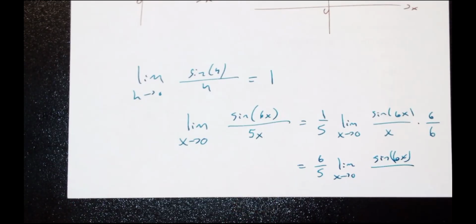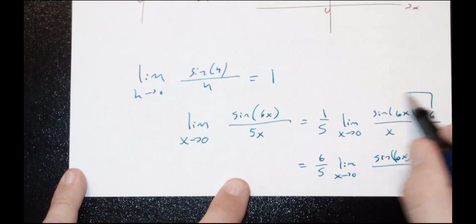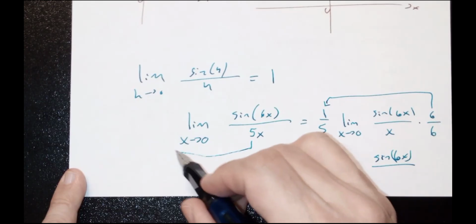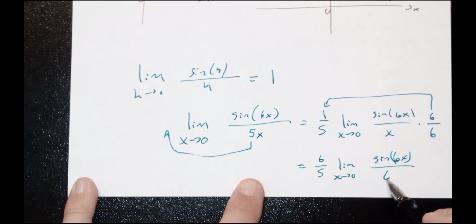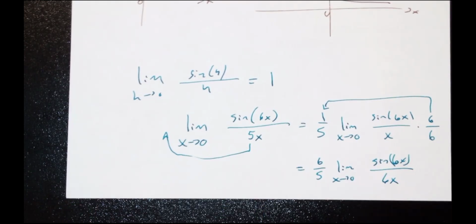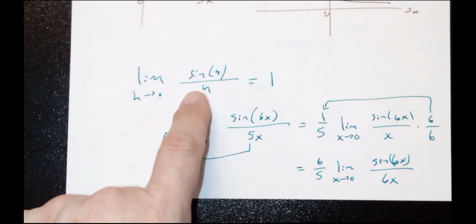But now what do I have on the bottom? I left the 6 on the bottom, didn't I? So the 6 on the bottom will stay with the x. What's this limit? Because that's this.